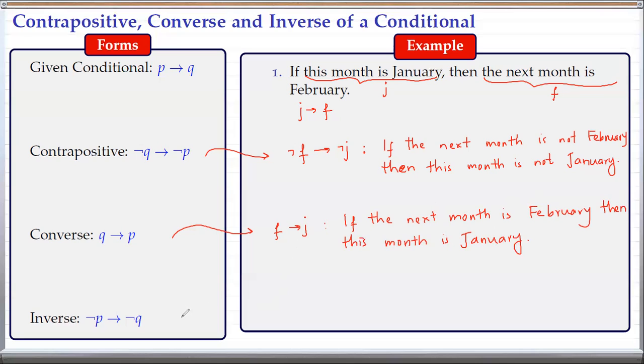Now finally inverse. For inverse, we keep the direction, but we negate both hypothesis and conclusion. So this will become not J implies not F. This we can write as: if this month is not January, then the next month is not February.